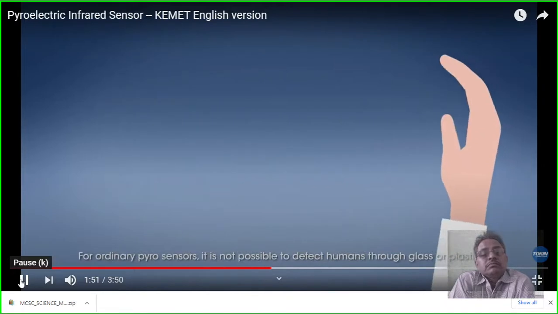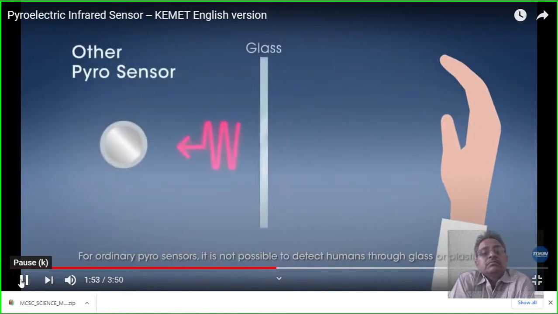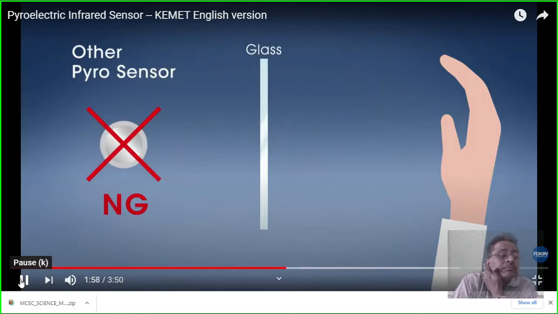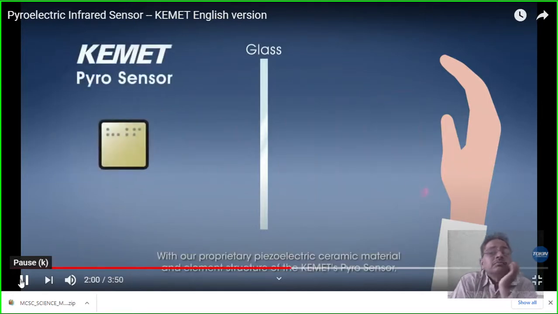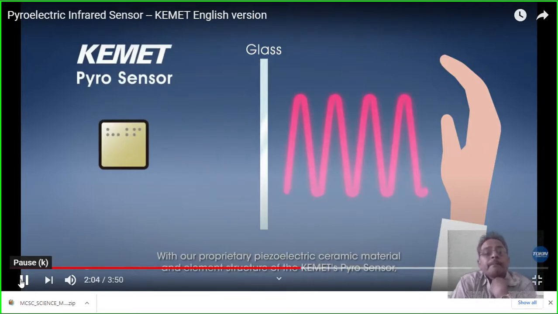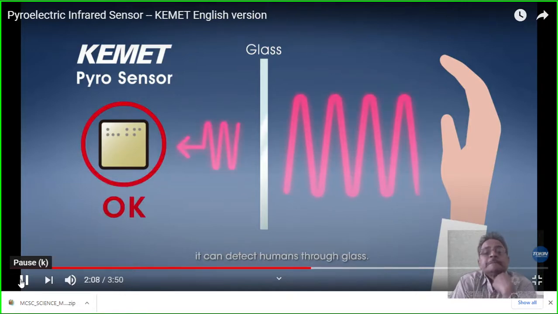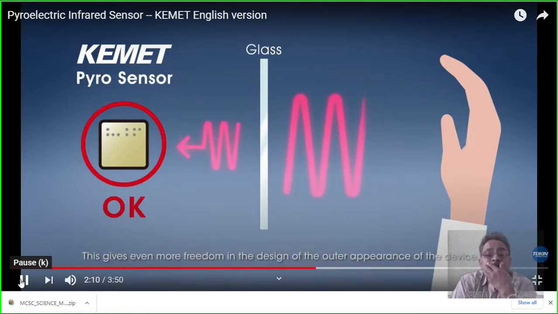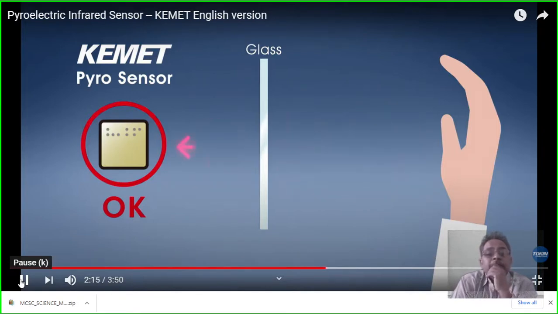For ordinary pyro sensors, it is not possible to detect humans through glass or plastic. With our proprietary piezoelectric ceramic material and element structure, Comet's Pyro Sensor can detect humans through glass. This gives even more freedom in the design of the outer appearance of the device.